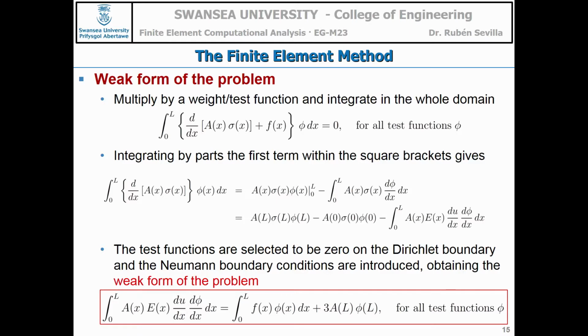And I said, on the right of my bar, I know the stress is equals to 3, so I put it there. And then I said, oops, here there is something I don't know, which is the stress at 0. Right? So I'm going to ignore it for the moment, and I'll come back. This is what I said. This is exactly where I'm going now. Okay? A sigma, what is giving you is a reaction force.